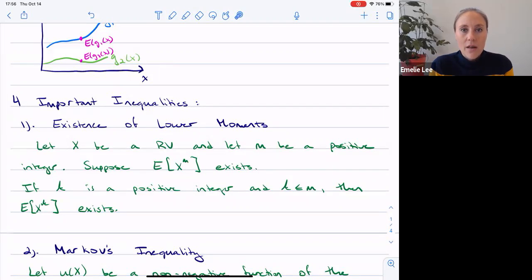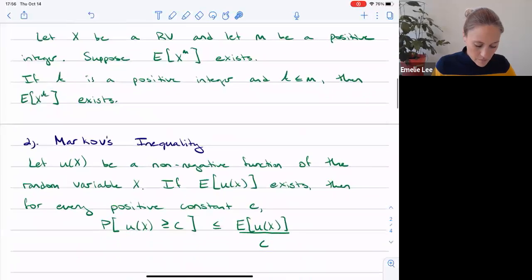We know that once we take derivatives long enough, often we'll end up at 0. So there are some where the moments tap out. But if we know that the third moment exists, then we know that the first and the second moments also exist. Okay. So that's fair enough.